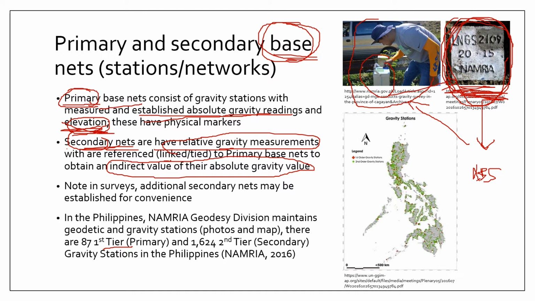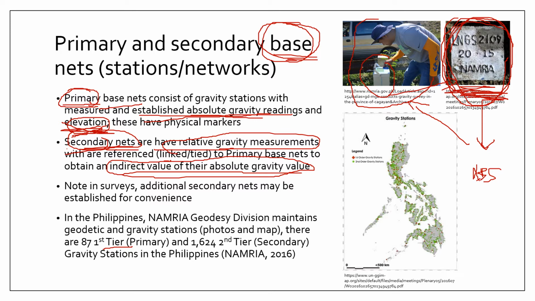Okay, so they tie the survey in the primary base to the secondary base. So primary base is all about direct reading of absolute gravity, while secondary nets are all about indirect reading of their absolute gravity value.